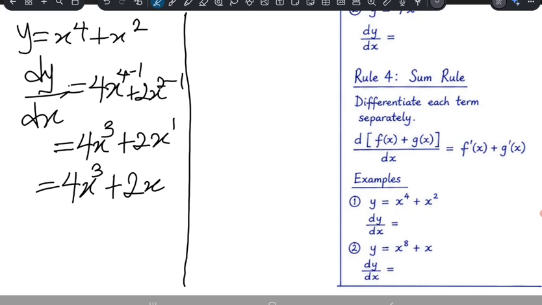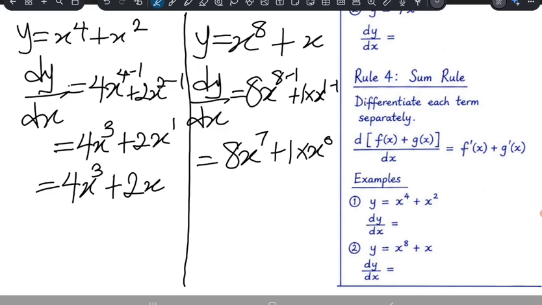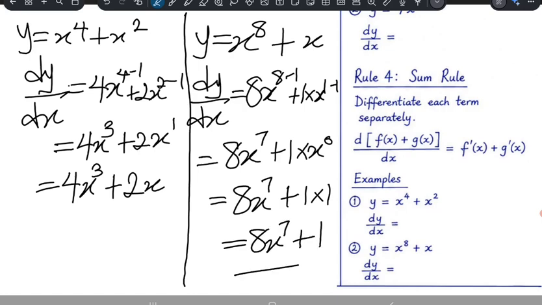So let's also solve this. y is equal to x raised to power 8 plus x. dy/dx will give you 8x to the power 8 minus 1 plus 1 times x to the power 1 minus 1, which is equal to 8x raised to the power 7 plus 1 times x to the power 0, which is equal to 8x raised to the power 7 plus 1 times 1, which is equal to 8x raised to the power 7 plus 1.